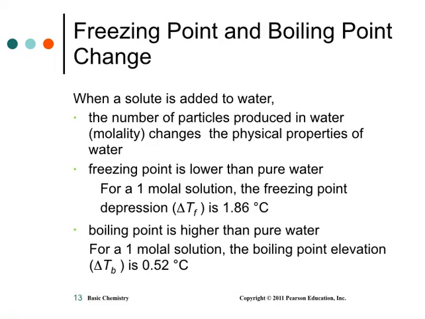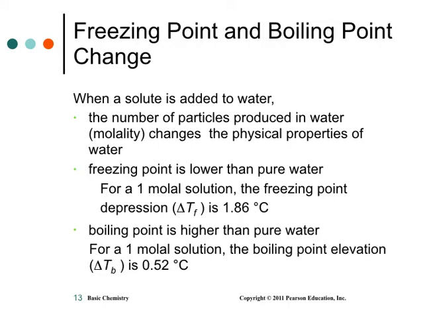So let's look at what it does. You can change the freezing point. The freezing point depression, the little symbol for it is delta TF. That's the freezing temperature. So the temperature at which it freezes changes, that's what delta means, 1.86 degrees Celsius for a 1 molal solution.